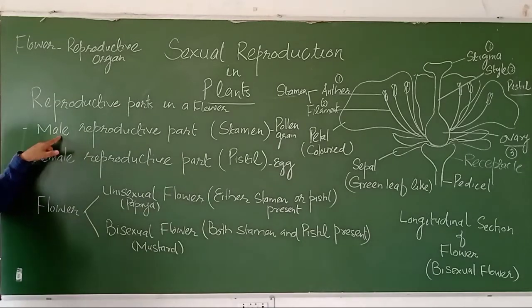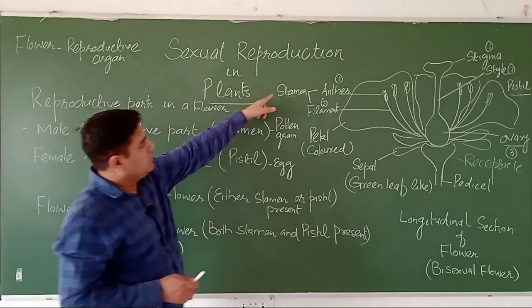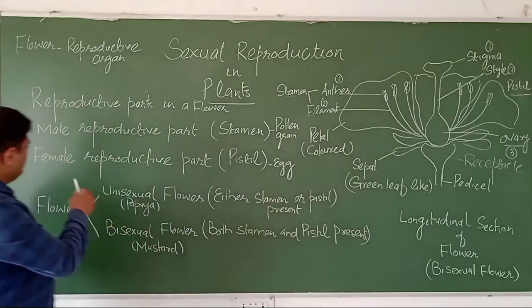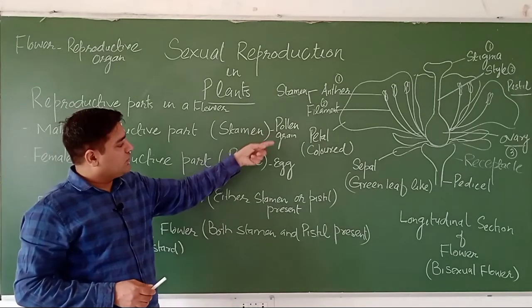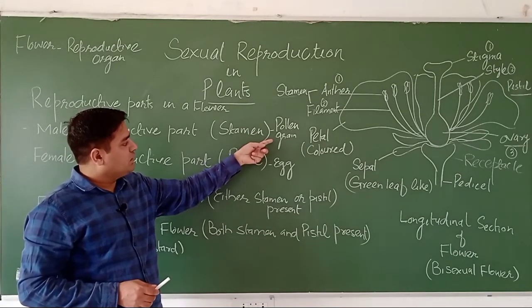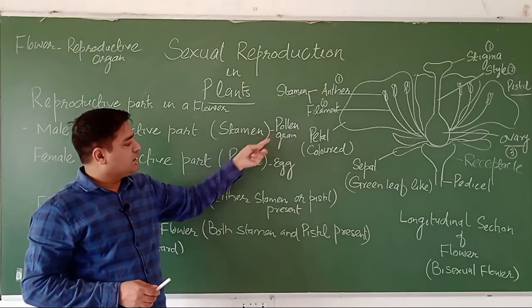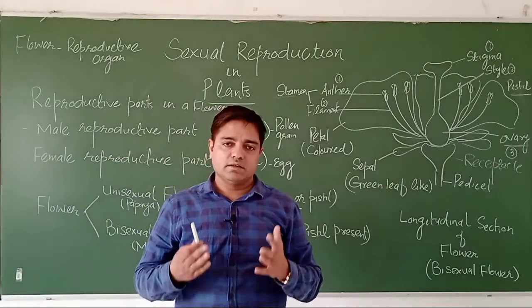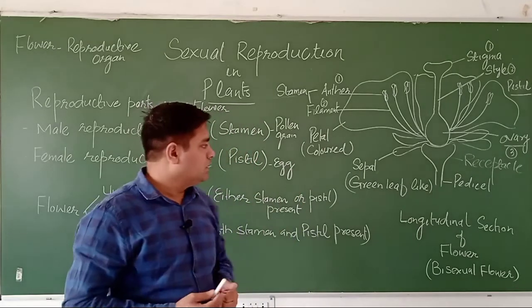The male reproductive part is the stamen, here is the complete picture of a stamen, and the female reproductive part is the pistil. Stamen produces pollen grains, pistil produces eggs, and these germ cells fuse together to form a zygote or a new plant.